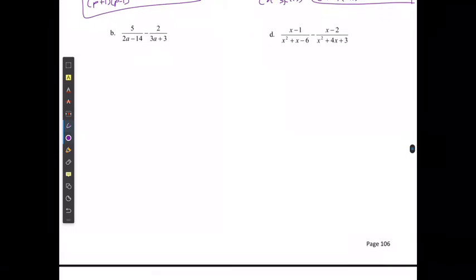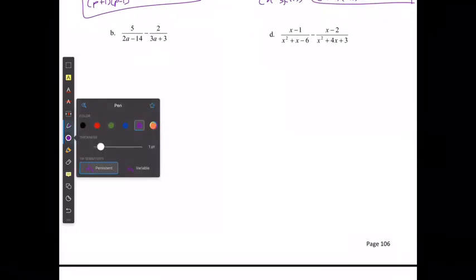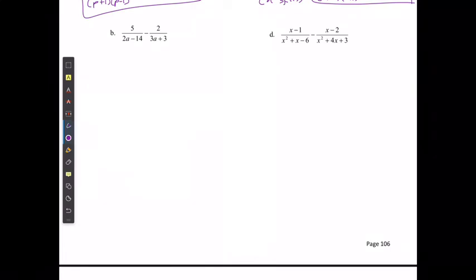For example B, I'm going to start by factoring the denominators in both cases.